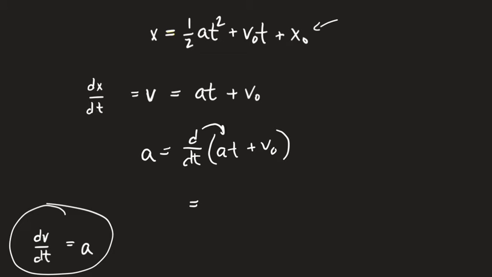First term, take the derivative. Well, that's a times t to the 1. So a times 1 t to the 1 minus 1. Plus, well, the derivative of v naught is just 0. Which, big surprise, the acceleration is the acceleration. Yay.